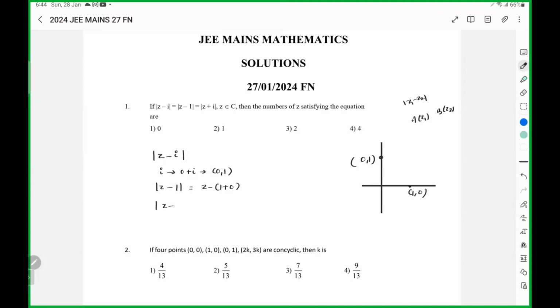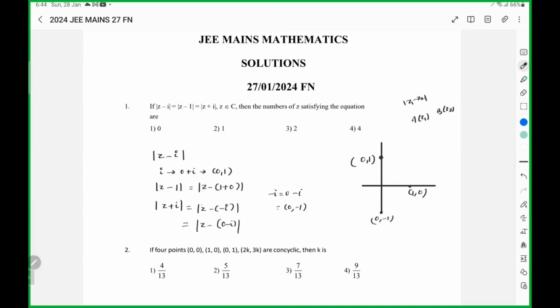z plus i, we can write as z minus (minus i), so here it is 0 minus i, which is representing the point (0, -1) in the complex plane.